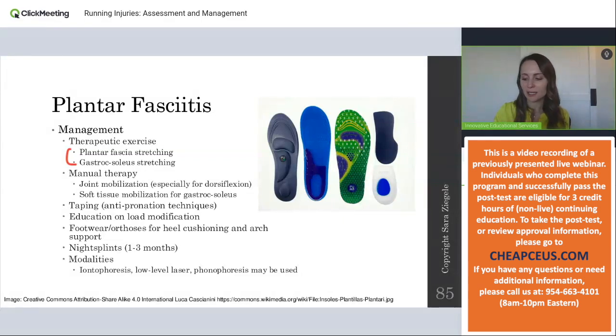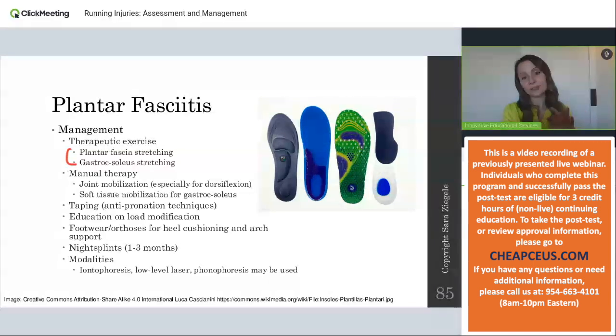Personally, I do find quite a bit of impact for patients from taping, utilizing anti-pronation techniques. There are the classic Low-Dye taping techniques for the plantar support surface of the foot. However, I think it's a lot faster and more efficient to use some of these anti-pronation techniques.